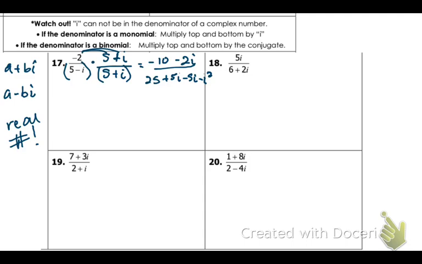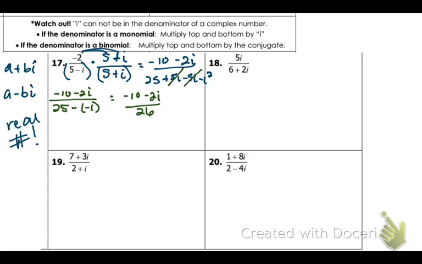I'm going to go ahead and clean this up a little bit. Negative 10 minus 2i. Notice how these cancel. I'm left with negative i squared. So this is 25 minus i squared, but the i squared is negative 1. So that's actually a negative times a negative 1, which will be a positive 1. So 26.